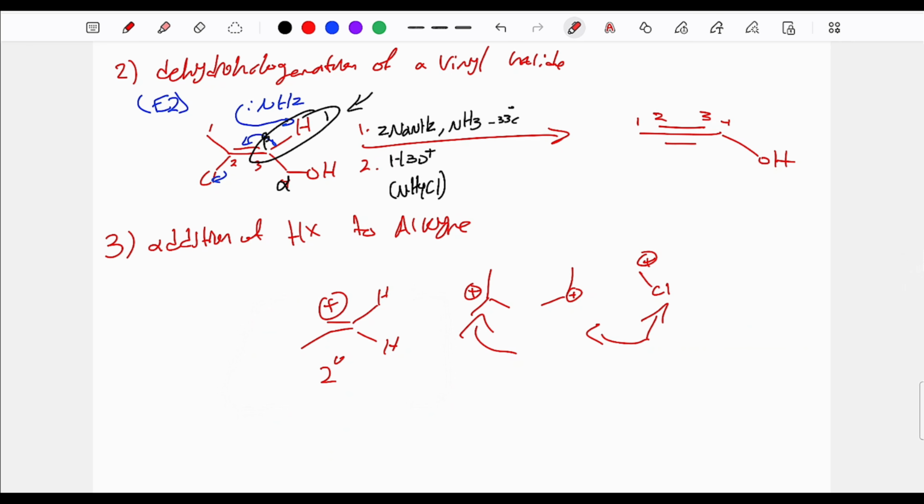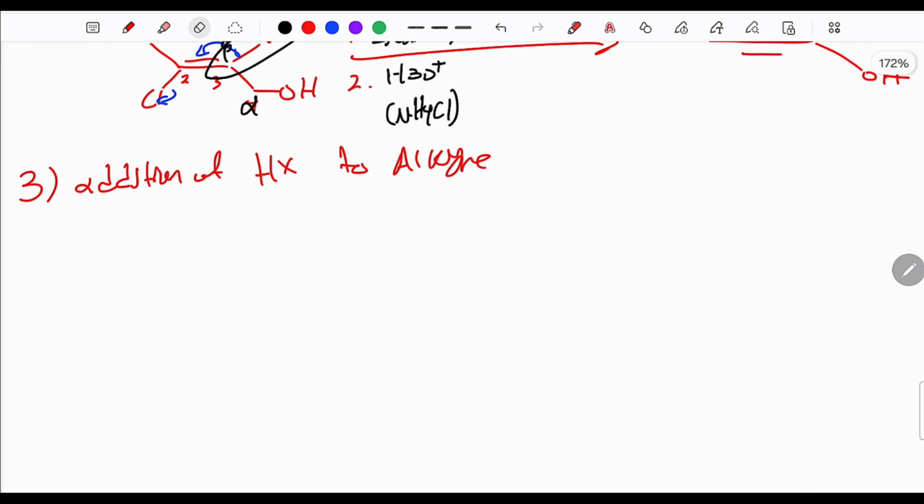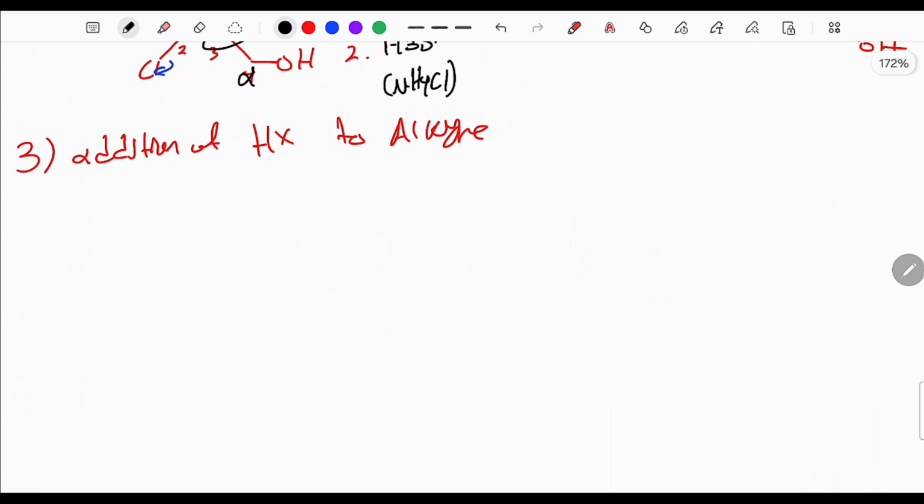So we're going to take a look at the two different avenues that we can go down. So let's start off by taking a look at a generic mechanism. How does this reaction work?